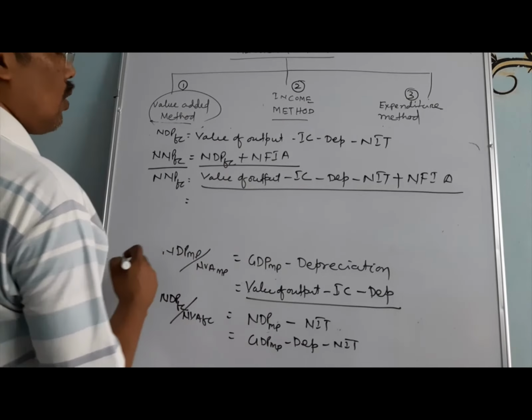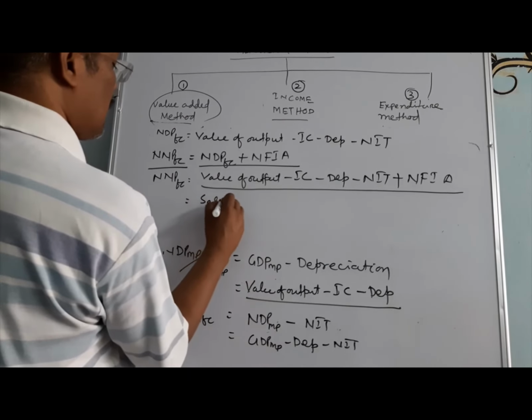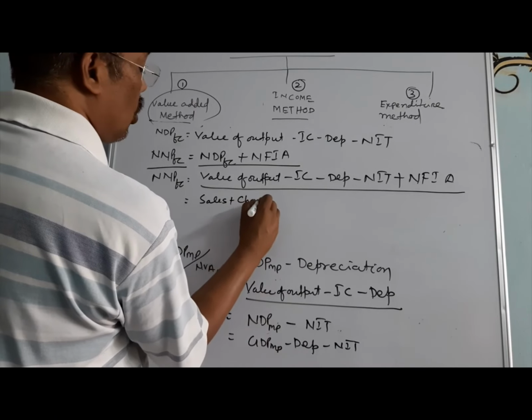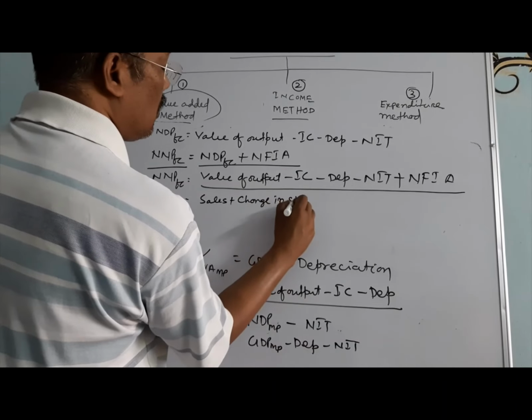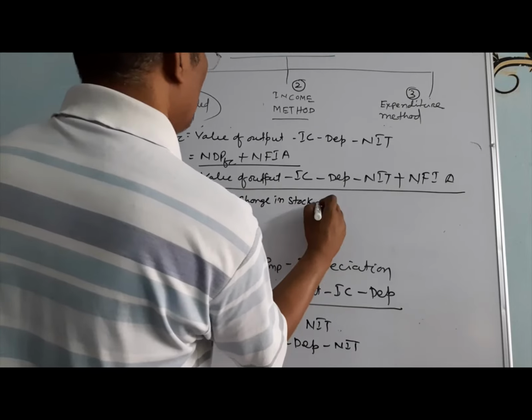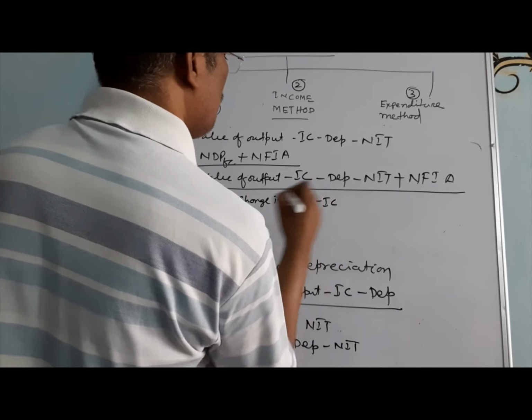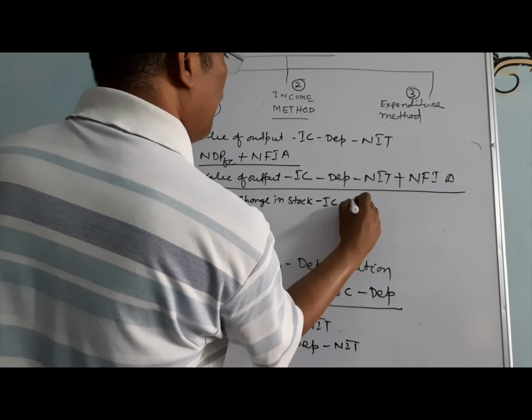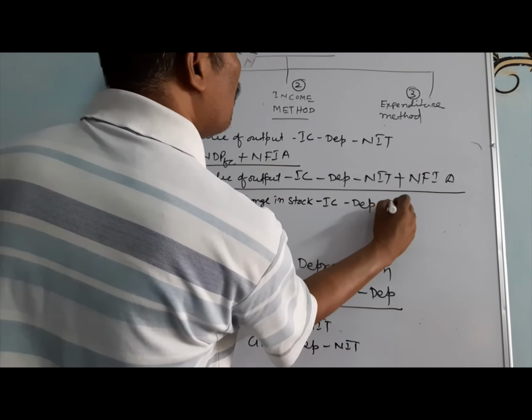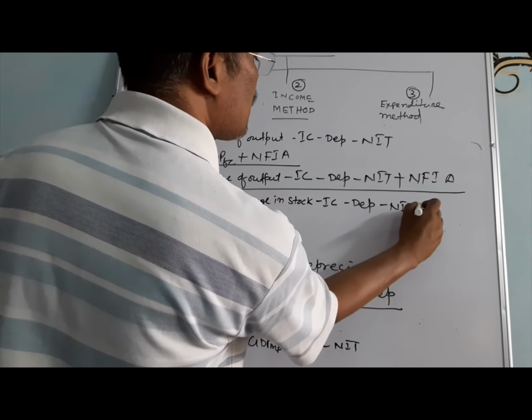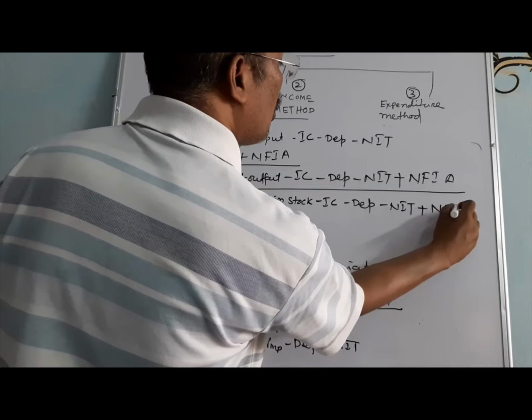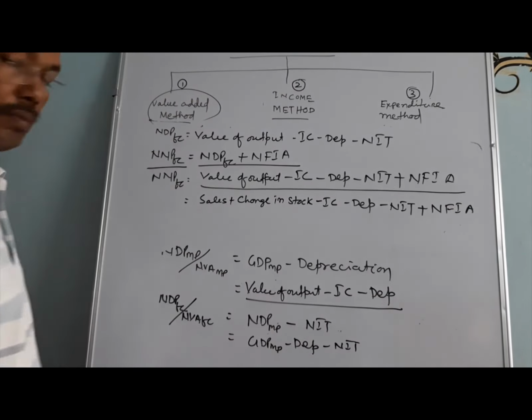Value of output equals factory sales plus change in stock, minus intermediate consumption minus depreciation minus net indirect taxes plus net factor income from abroad.